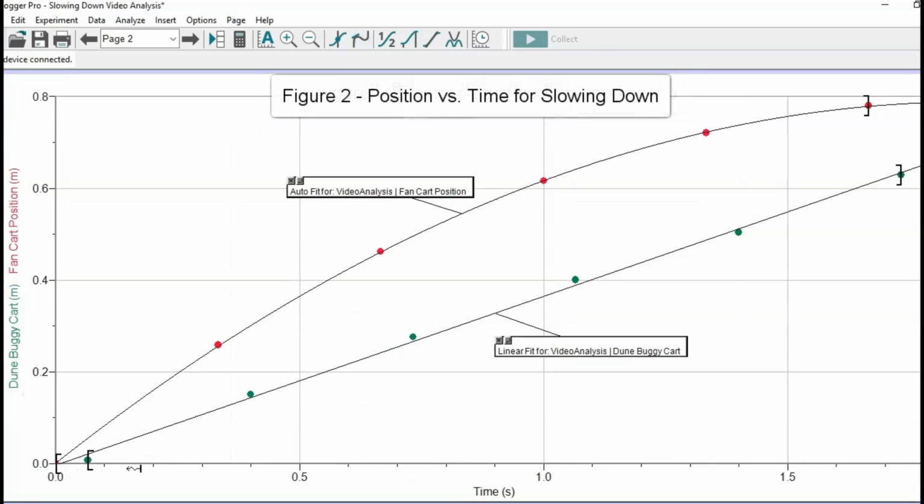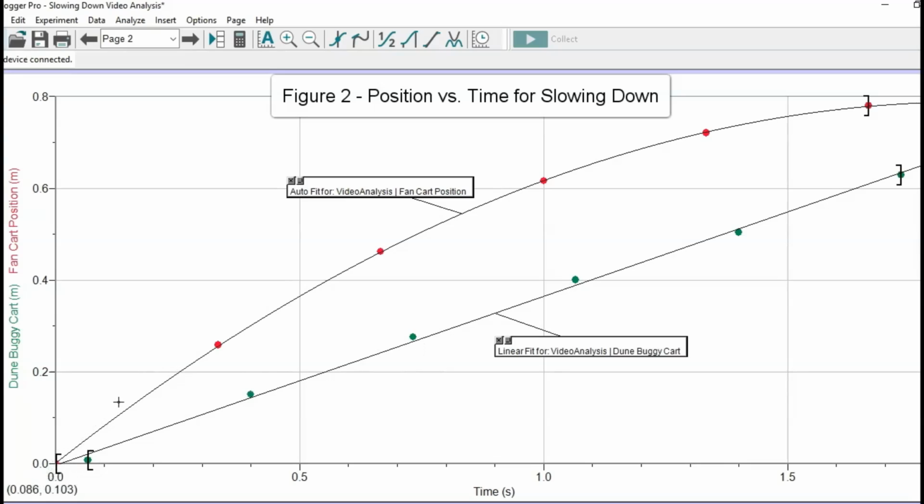Okay, when the fan cart was slowing down, here's our position time graph. We can see that the dune buggy in green here is a straight line. That means constant velocity. The displacement every half second is the same.